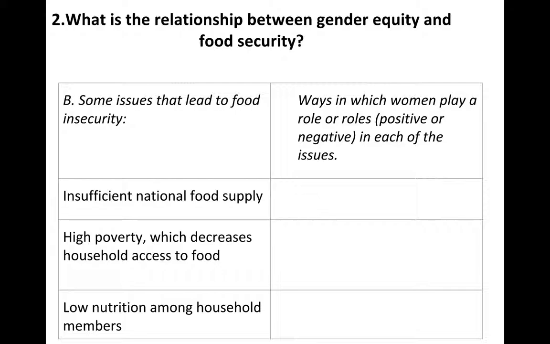What role does a woman need to have in agriculture in order to increase the food supply? Do the same thing for high poverty. We know that high poverty or the lack of funds is an issue for food insecurity. So, what can women do? What role can women play to help reduce the fact that households don't have access to food? And then the same thing for low nutrition.